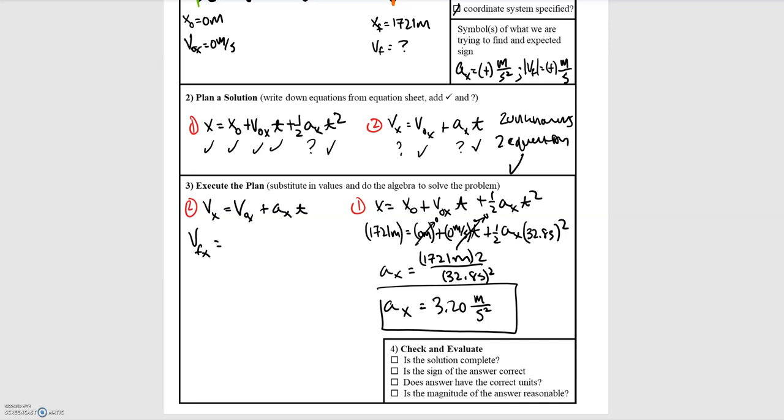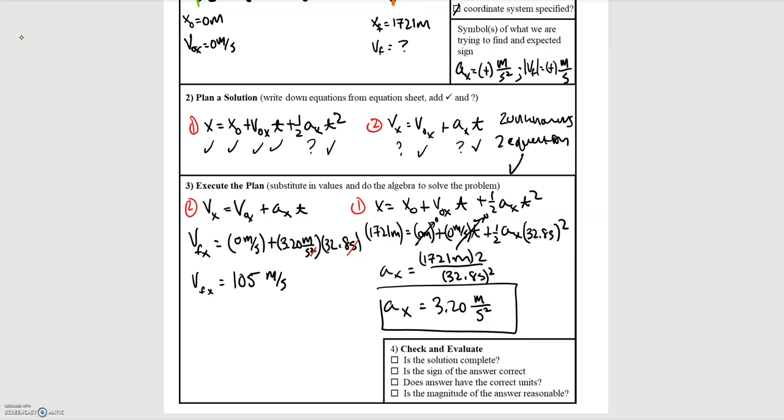We have the final velocity is equal to 0 meters per second plus the acceleration we just found, 3.20 meters per second squared, multiplied by time, which is 32.8 seconds. Canceling out units, we have seconds up top, and we'll get rid of a second on the bottom. And then plugging that into your calculator, you find that the final velocity is equal to 105 meters per second.